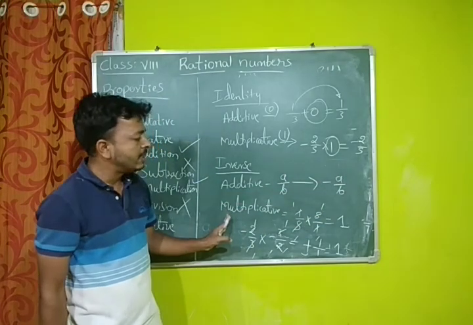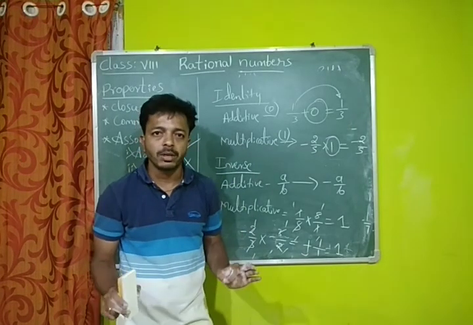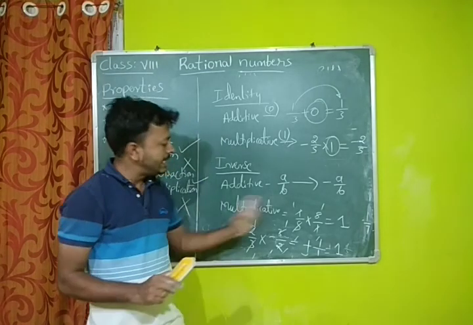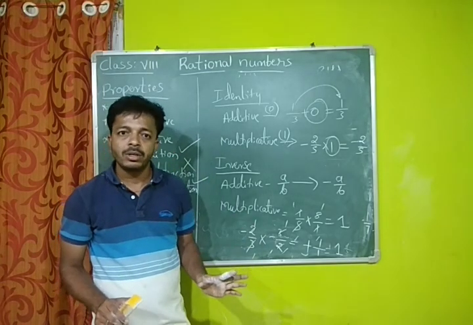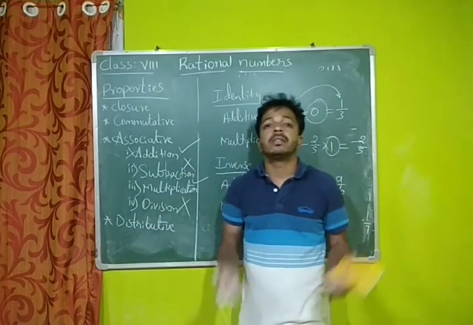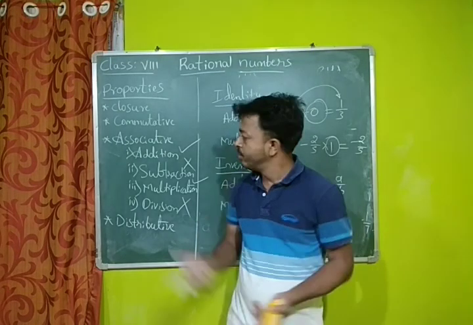The multiplicative inverse is just the reciprocal of the number. Understood? Today we learned these properties. Next class we may discuss some examples and simplification questions, and we can solve them using these.